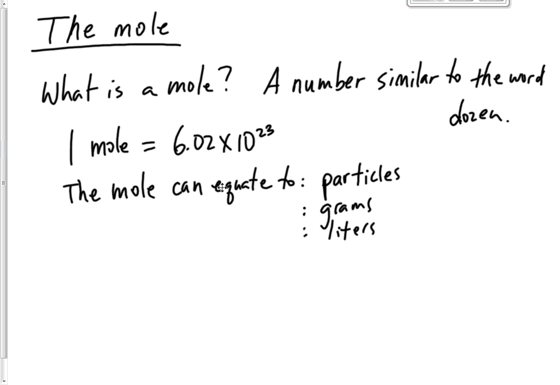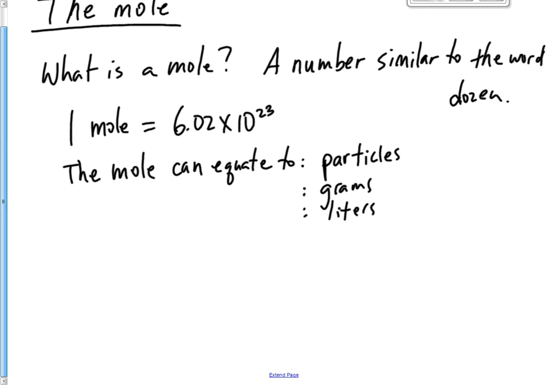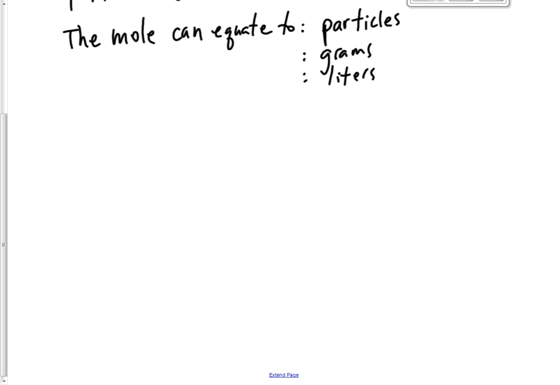All right, these are all conversion factors that we have using the mole. Okay, so we're going to talk about each one of these separately, so you get a good idea of how to calculate things using the mole. Okay, so the first one we're going to talk about is moles to grams. Okay, and grams to moles and all that good stuff, going forward and going backwards.